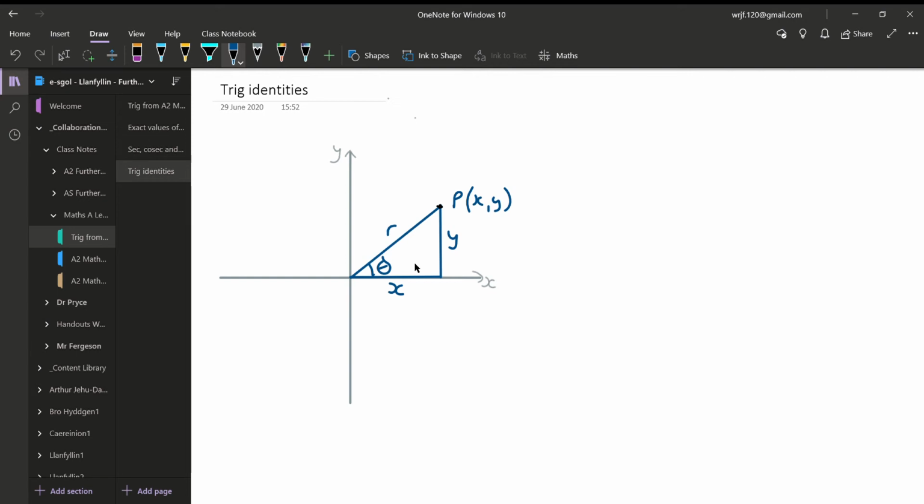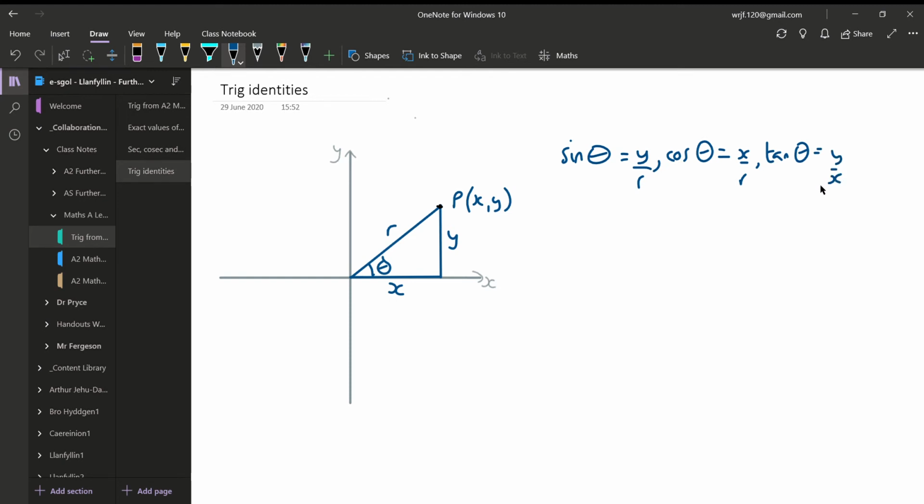If we call that angle theta there, then we can talk about sine theta in terms of the coordinates or the lengths on the triangle. Sine theta, opposite over hypotenuse, is just going to be y over r, and cos theta, as the adjacent over hypotenuse, is going to be x over r, and of course then tan theta is just going to be y over x.